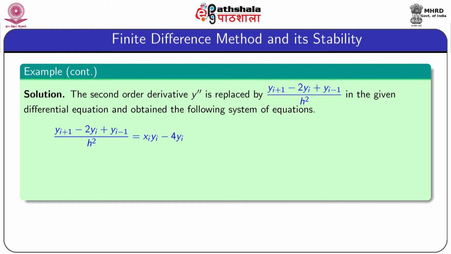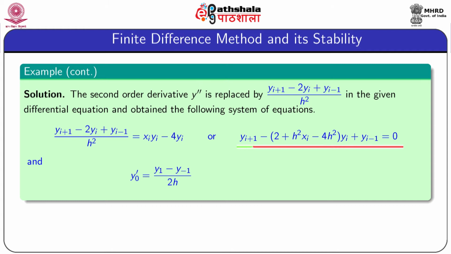That means yi plus 1 minus 2 yi plus yi minus 1 by h square equals xi yi minus 4 yi. This is obtained from the given differential equation. After simplification, it is reduced to yi plus 1 minus (2 plus h square xi minus 4 h square) into yi plus yi minus 1 equal to 0.